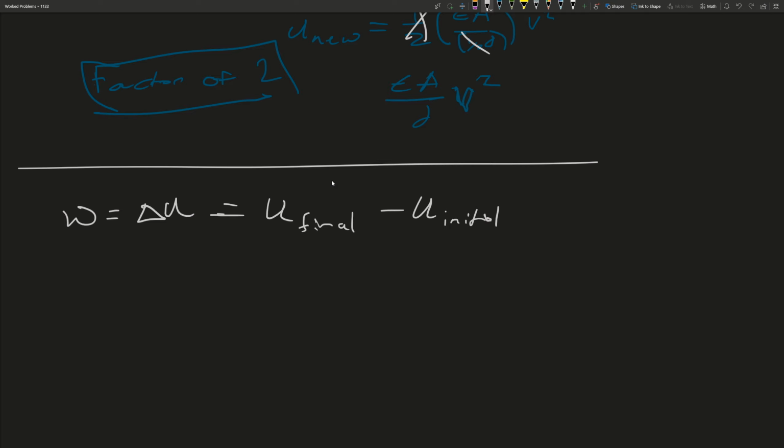So that's U final, and our U initial was the 1/2 epsilon A over D V squared. So what we get is epsilon A over D V squared minus 1/2 epsilon A over D V squared.